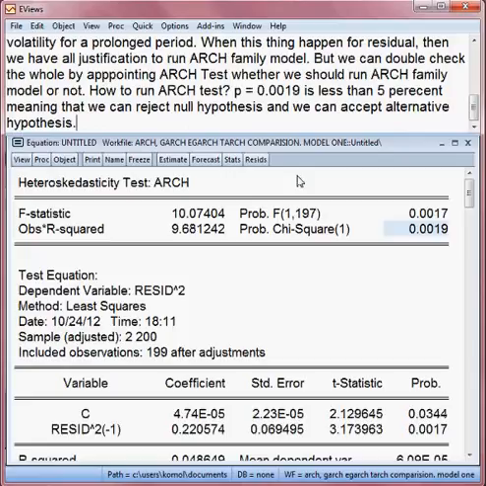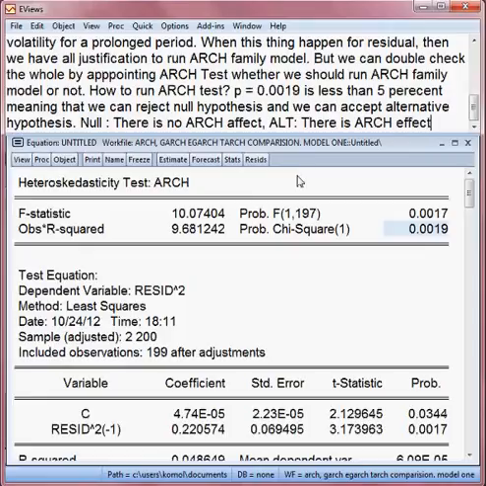Okay, and what is our null hypothesis? Our null hypothesis is there is no ARCH effect. And what is our alternative hypothesis? That is, there is ARCH effect.